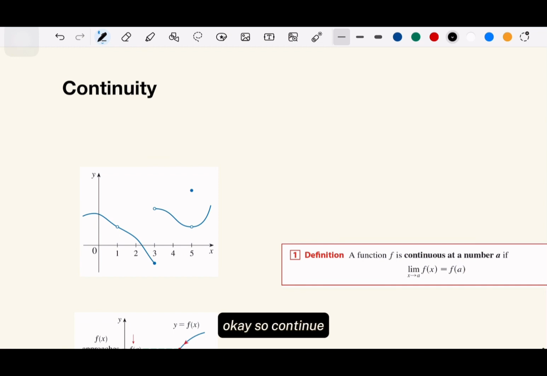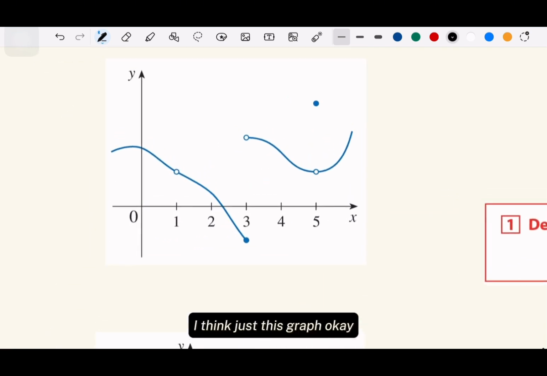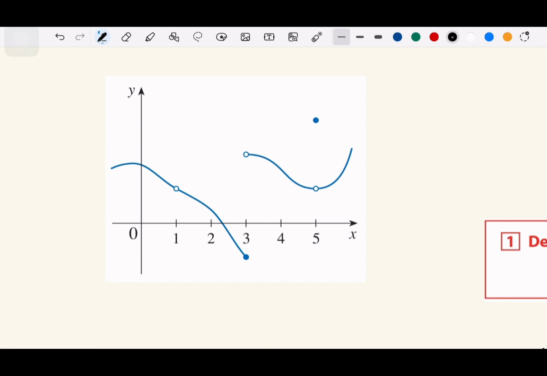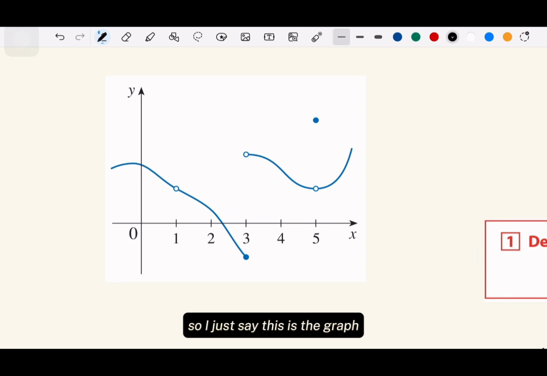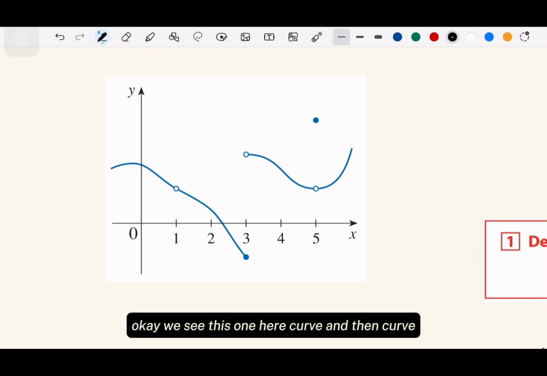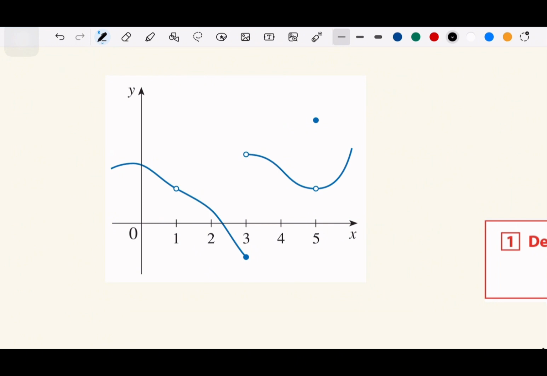Okay, so continuity. Before we define what continuity is in terms of mathematics, let's just see the graph. We see this curve here, and then the curve going there, right?